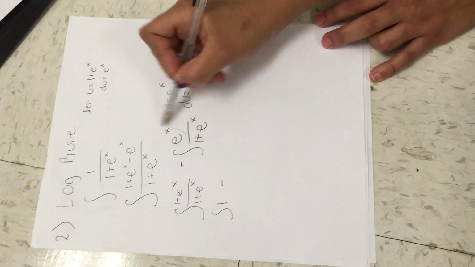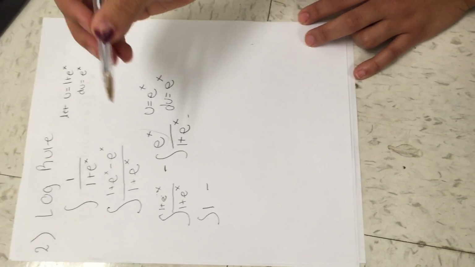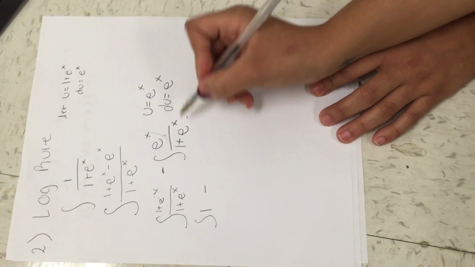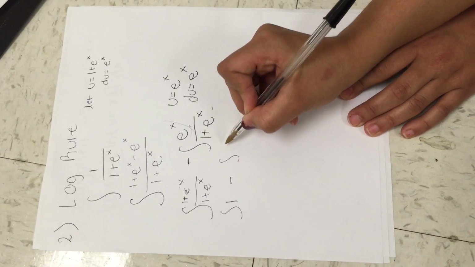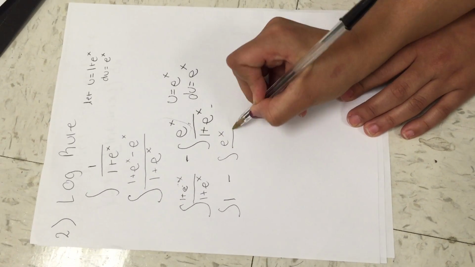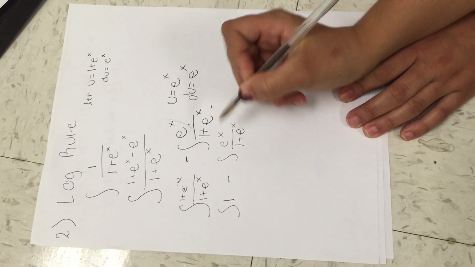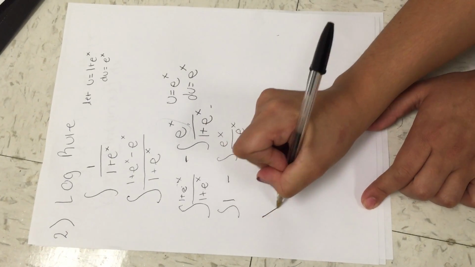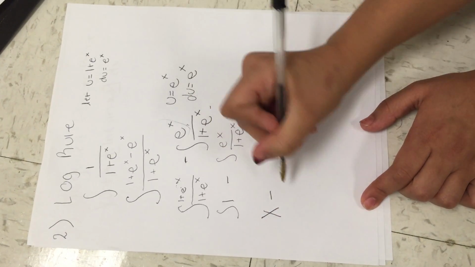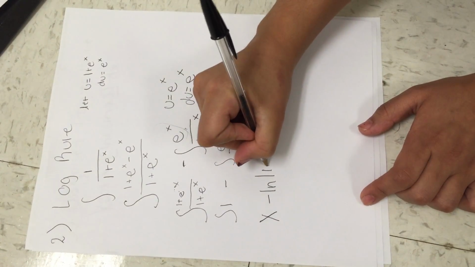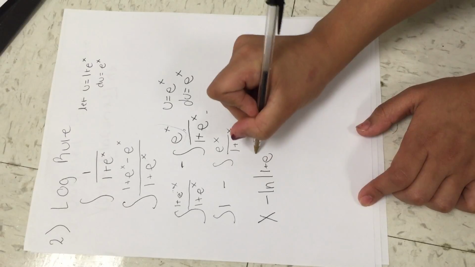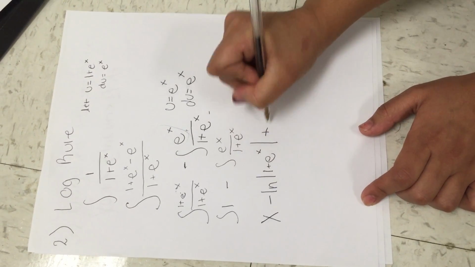So the derivative of the denominator is in the numerator, which means that this could be a natural log function. So I'm just going to rewrite it again. Integrating 1 is just x, and then this would be natural log of 1 plus e to the x plus c.